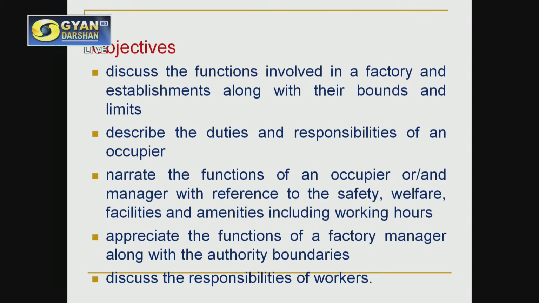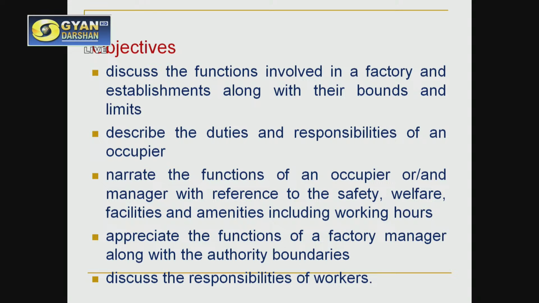The objectives of this unit mainly discuss the functions involved in the factory for establishment, along with their bounds and limits. So the various functions of the factory are limited to their bounds and limits in the establishment. They also describe the duties and responsibilities of an occupier, and narrate the functions of the occupier as well as the manager with reference to safety, welfare, facilities and amenities, including working hours.